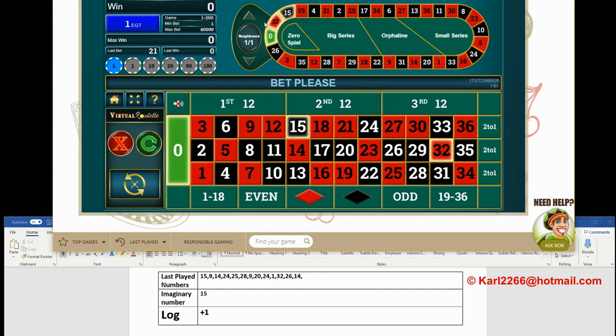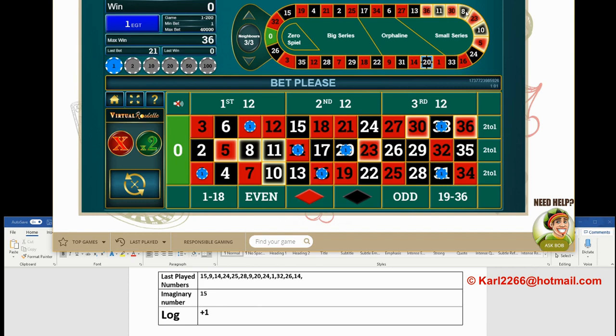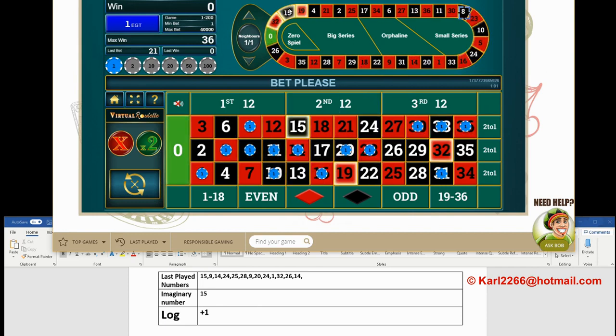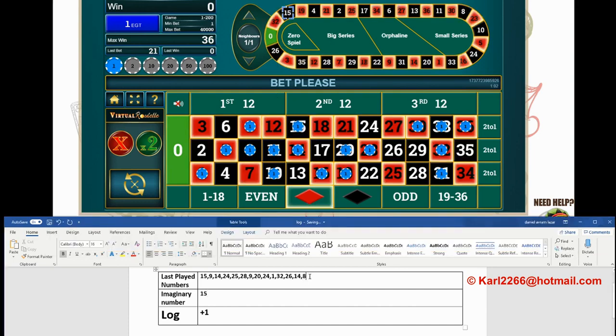Exactly, we place bets on terminals from 15, which are 20 and 8, and also one neighbor left and right from 15. And after 14 we got a new winning number, which is number 8.